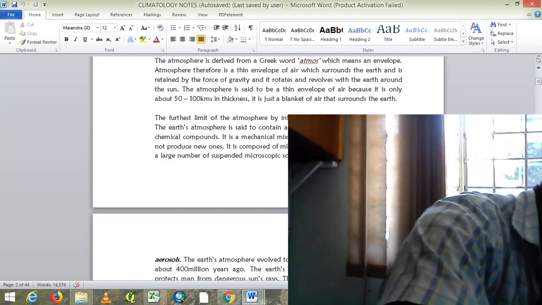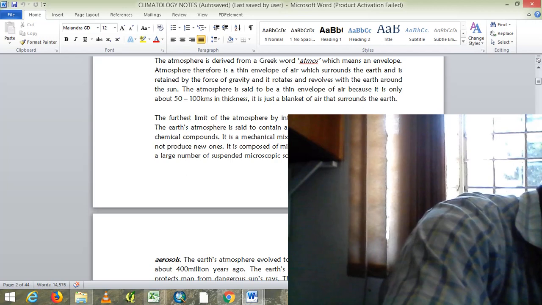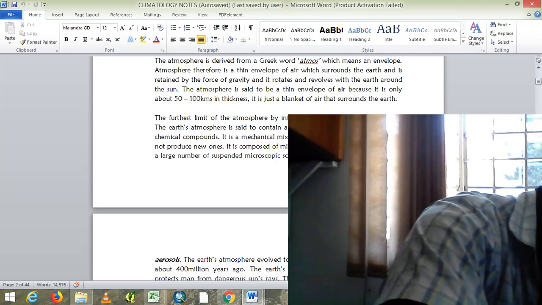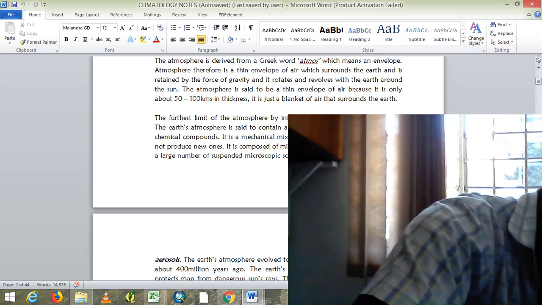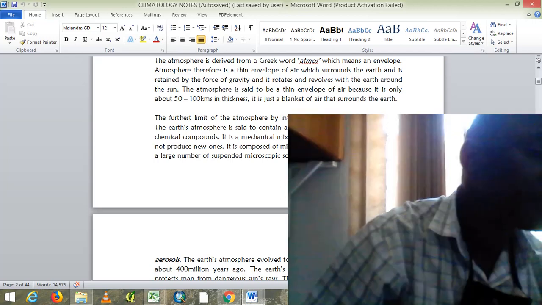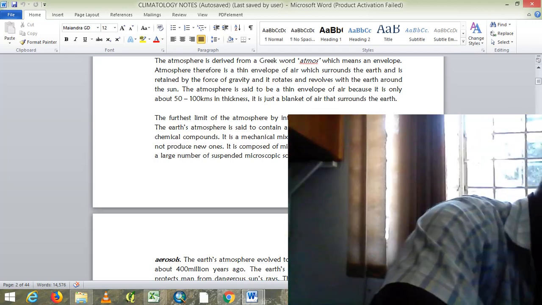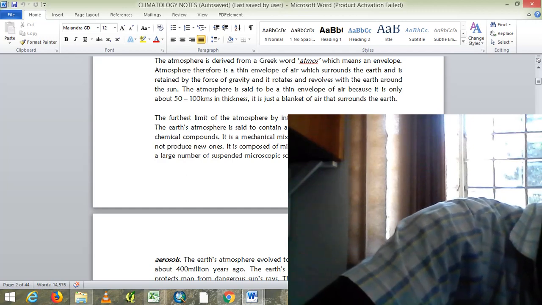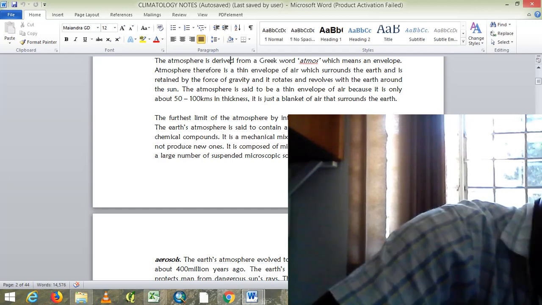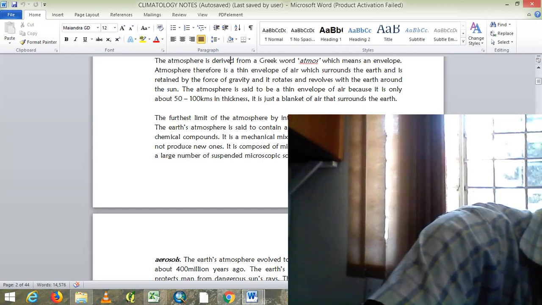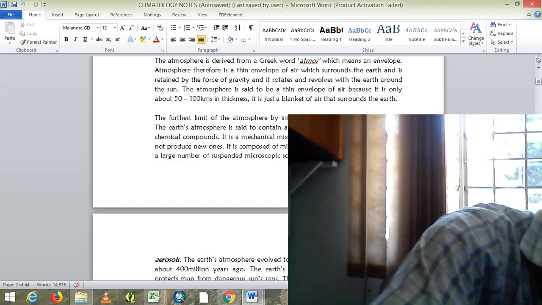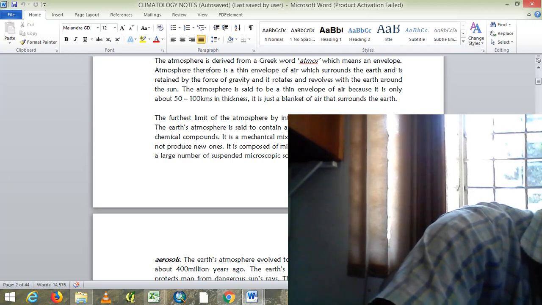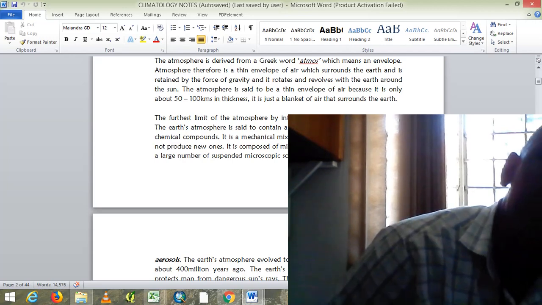If this is the globe, the world of that shape, so that shape is spherical, and then around it we have what we call the atmosphere. From here, where we have the equator, to the upper limit of the atmosphere, we are saying it's about 50 kilometers.